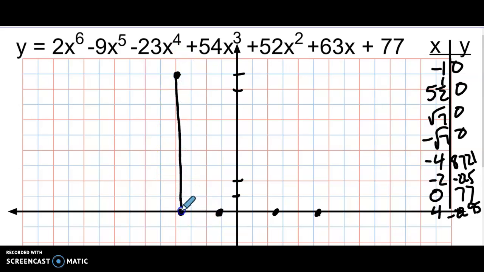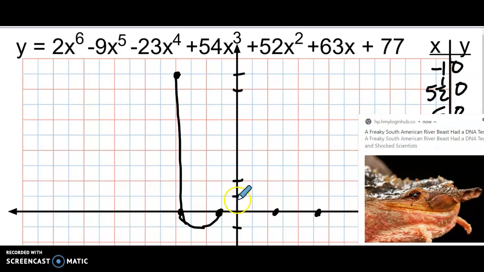Okay, and then I know that's the 0. In between here, I put -2, and I got -225. Well, if that's 1,000, then I'll just be somewhere around here, okay? And then I put 0 in, of course, and got 77.